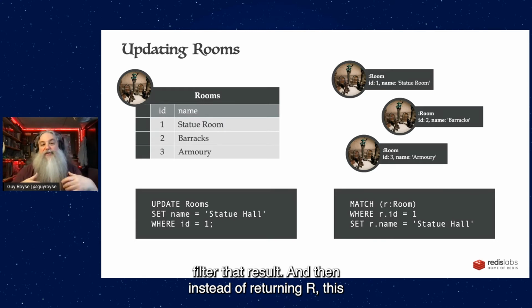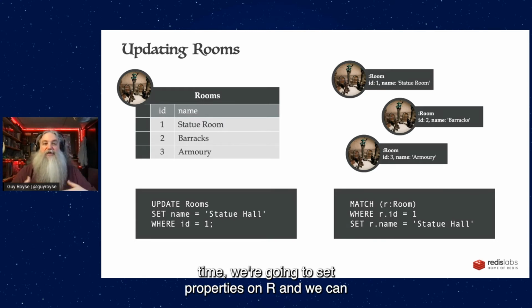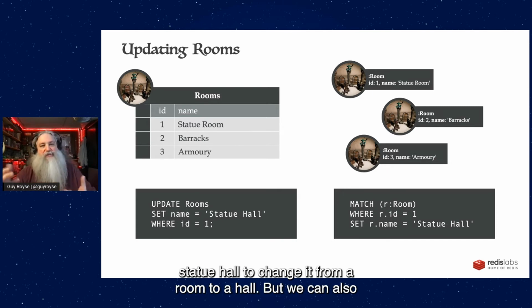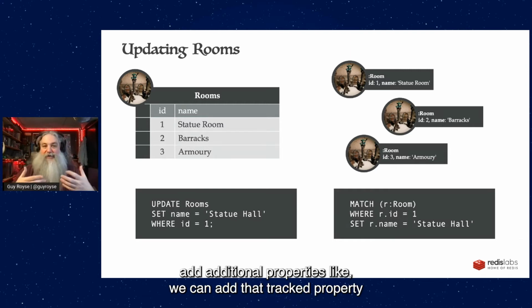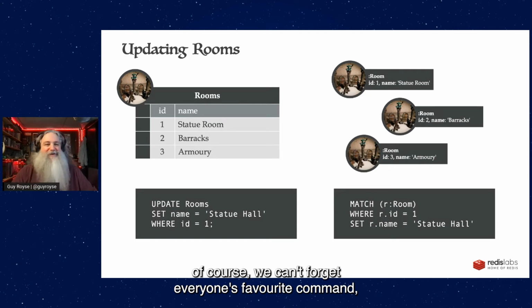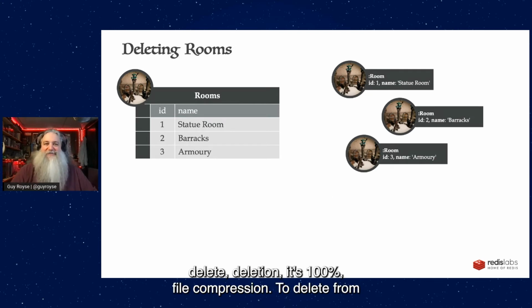And then instead of returning R, this time we're going to set properties on R. And we can overwrite existing properties. So we're setting the name to a statue hall to change it from a room to a hall. But we could also add additional properties, like we could add that trapped property I mentioned earlier in here. And that's updating.